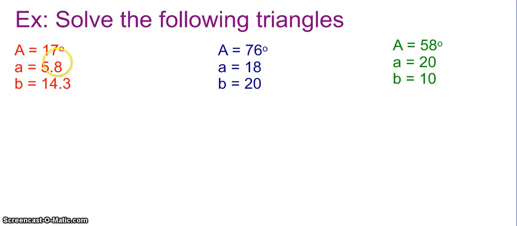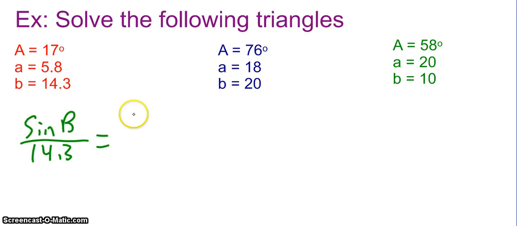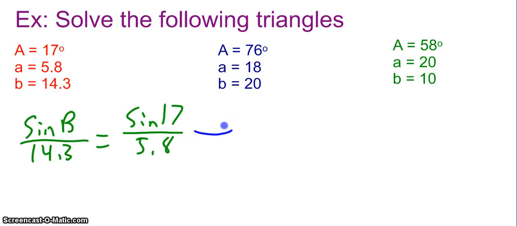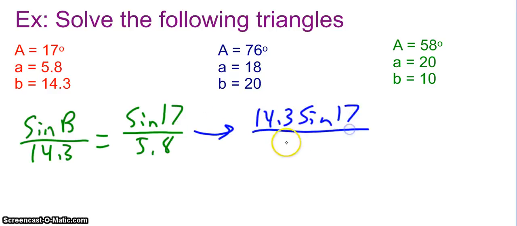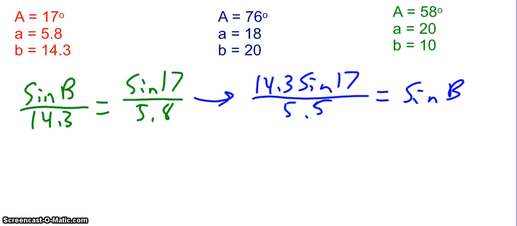So in this case, I have angle A, side A, and side B. So let's go ahead and find angle B, since that is the only thing I can find. So sine of B over 14.3 equals sine of 17 over 5.8, which then goes to 14.3 sine of 17 over 5.8 equals the sine of B. So I can type this into my calculator, do sine inverse.